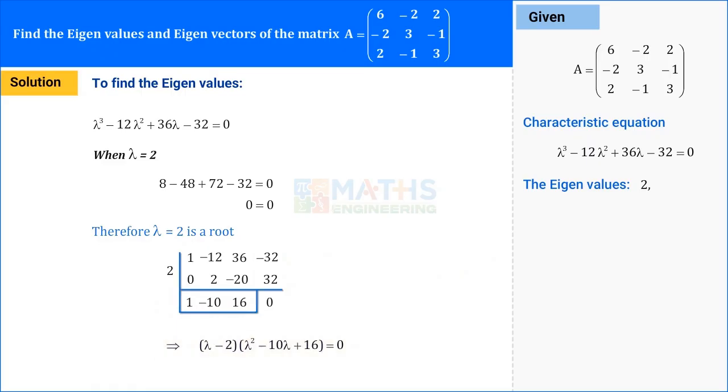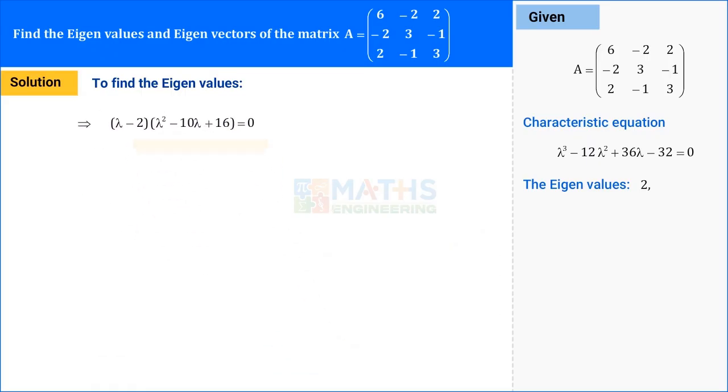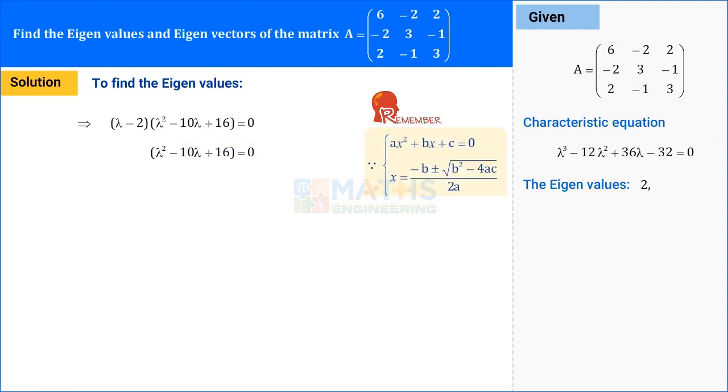Now this cubic equation is reduced to a quadratic equation, lambda square minus 10 lambda plus 16 is equal to 0. To solve this quadratic equation, we are using the formula x is equal to minus b plus or minus square root of b square minus 4ac divided by 2a.